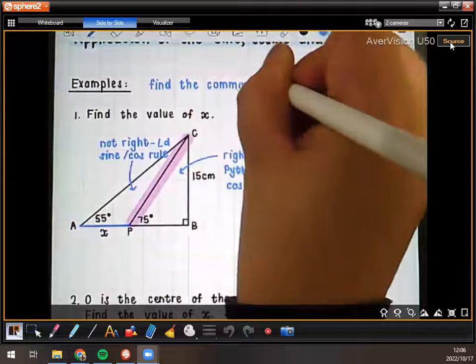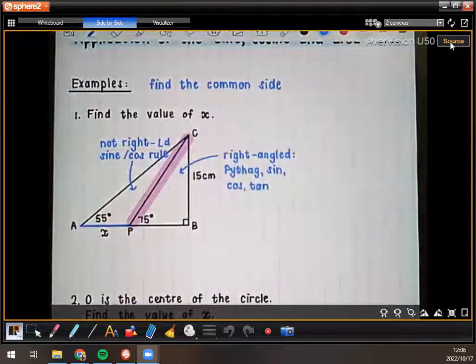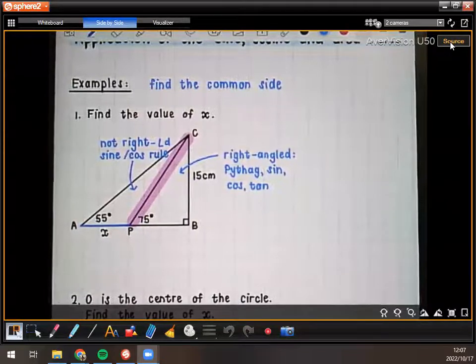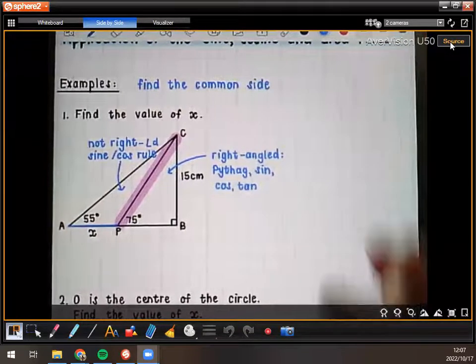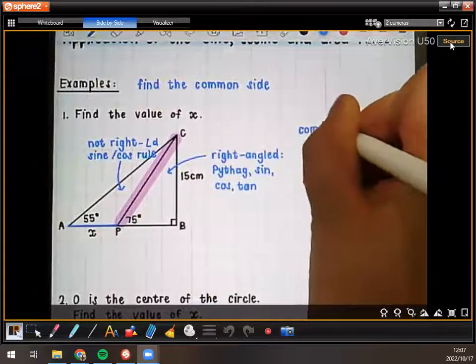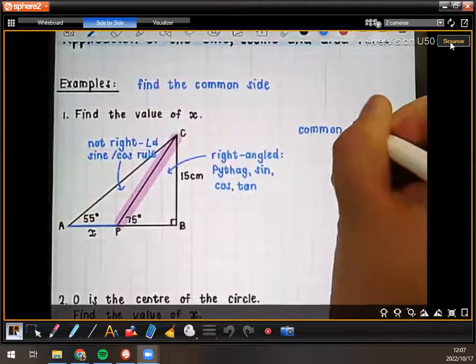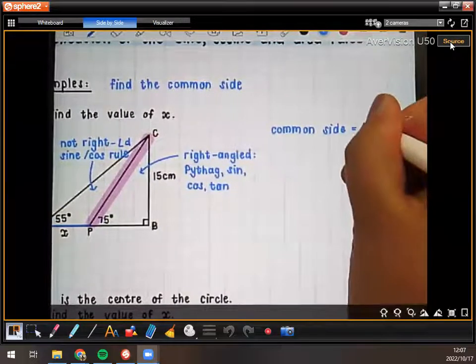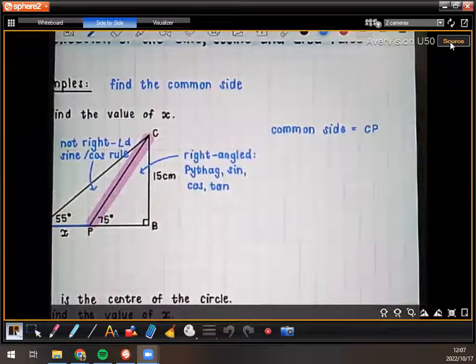That is usually our starting point. In this triangle, the common side is CP or PC, doesn't matter, you can decide.